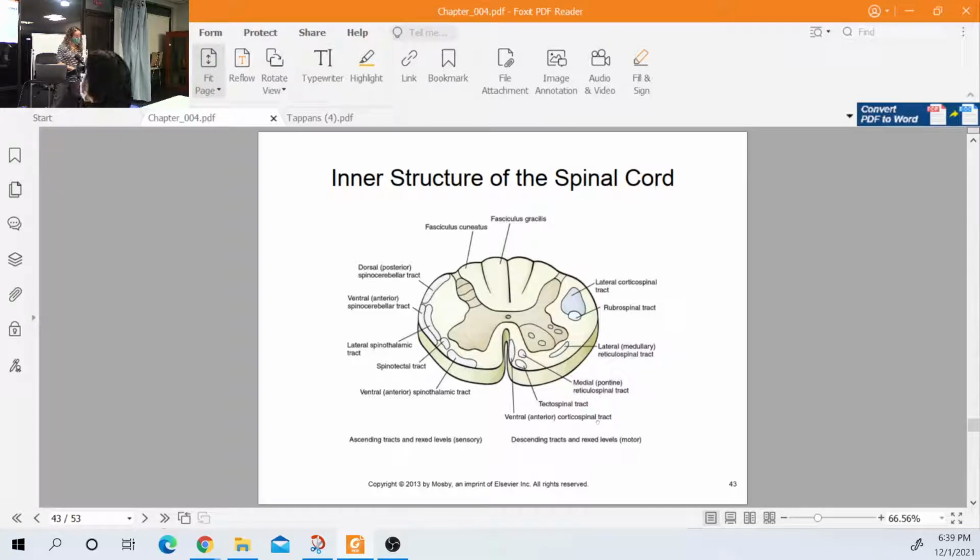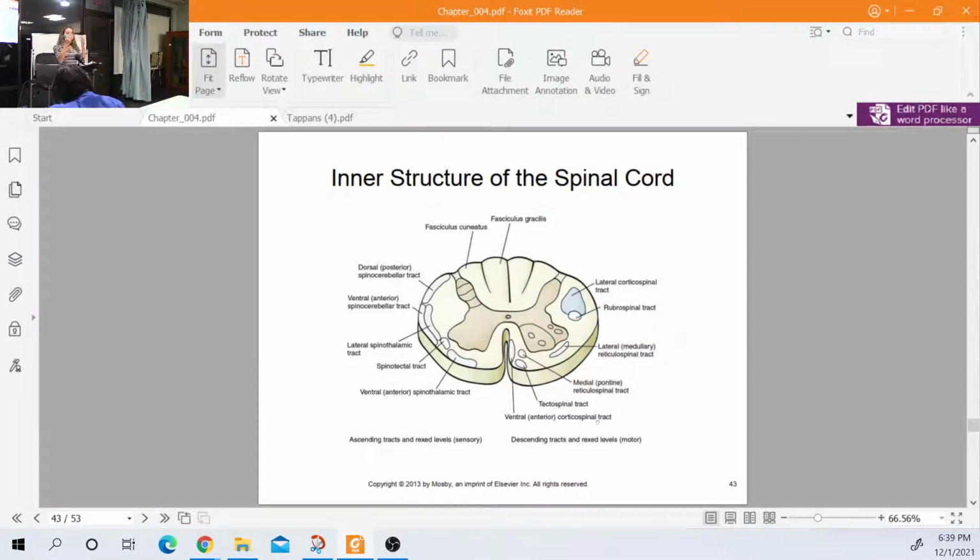A couple other key points here on 122. The sacral and lower lumbar nerves together are known as the cauda equina. It just makes that lower section look like a tail, sort of, with a little bend there.